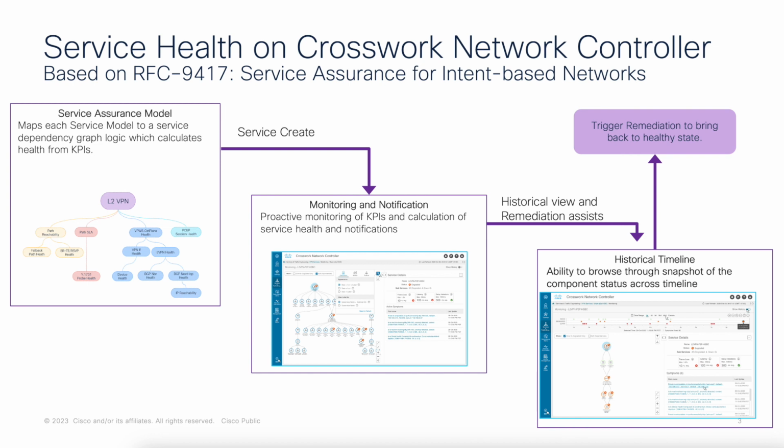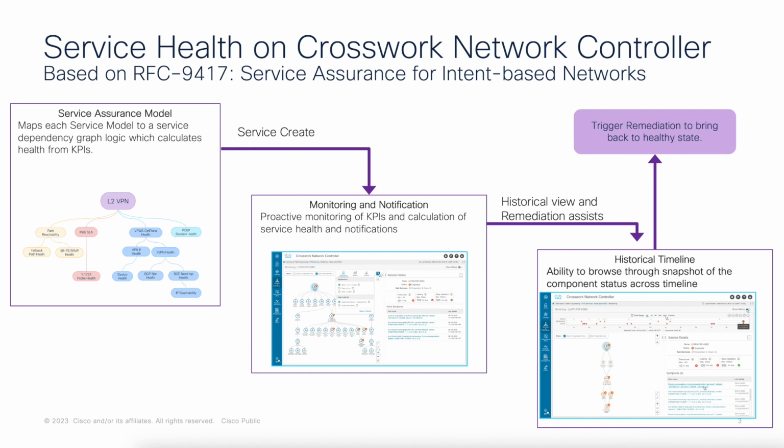The way it works is that CNC service health uses the service config as service create, update, and deletes are coming into the CNC system, which is all backed by NSO. A set of rules is triggered automatically to calculate telemetry KPIs that will give us service-specific health information, right?